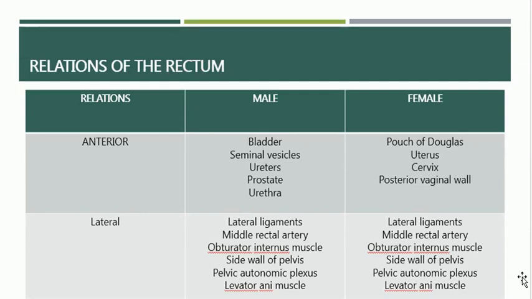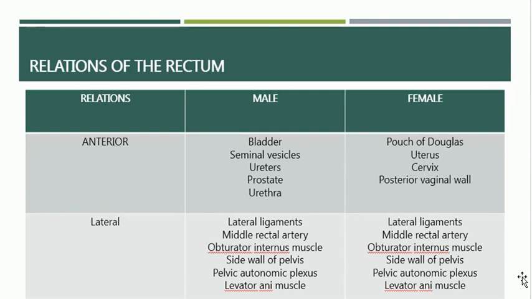In females, the anterior relations are the pouch of Douglas, that is the recto-uterine pouch, then the uterus, the cervix, and the upper part of the posterior vaginal wall.